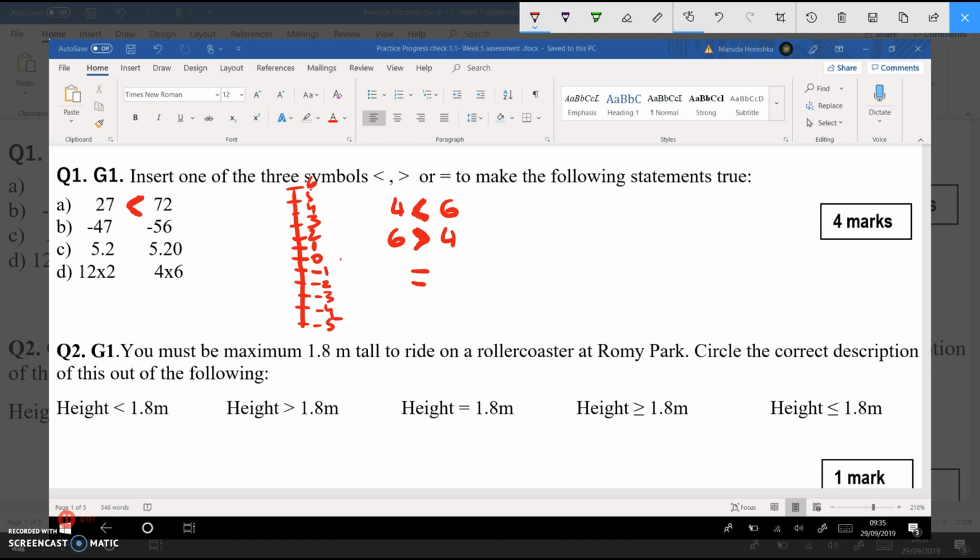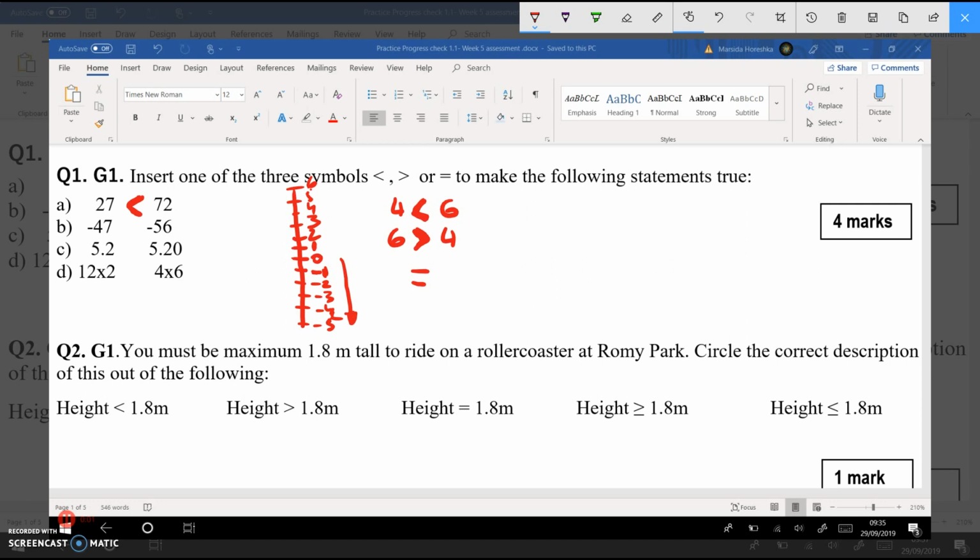Now, although the digits are going up here, we've got 1, 2, 3, 4, and 5, in terms of the value, these numbers go down because we've got minus 1, minus 2, minus 3. So the symbol in front tells us that these numbers are going down. And a temperature of minus 1 degrees is lower than 0 degrees. The temperature of minus 2 is lower than 0 or minus 1, and so on.